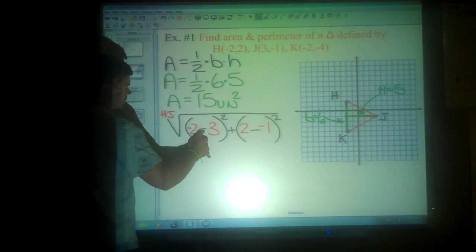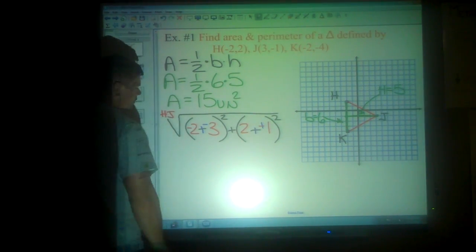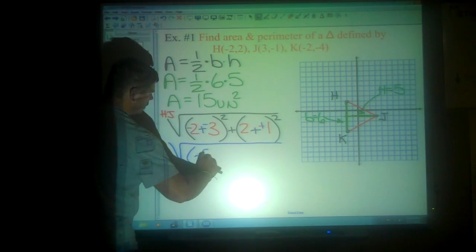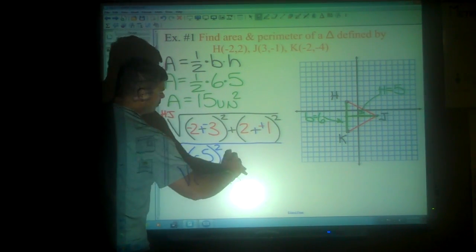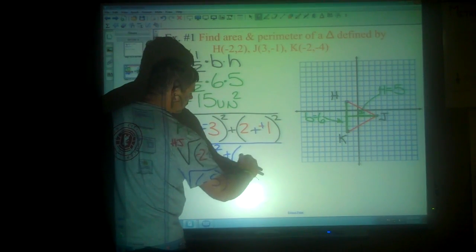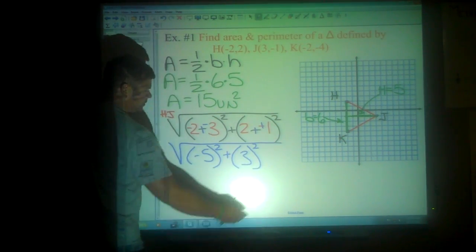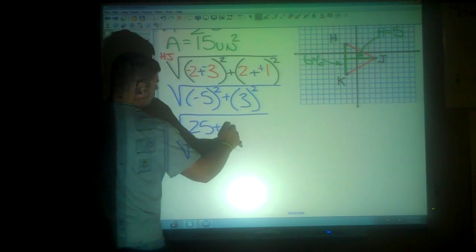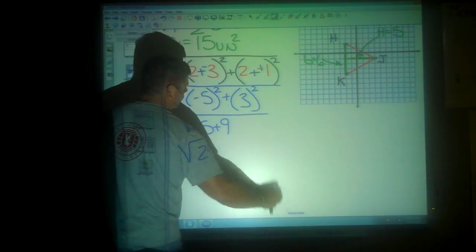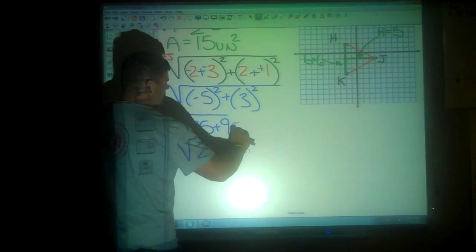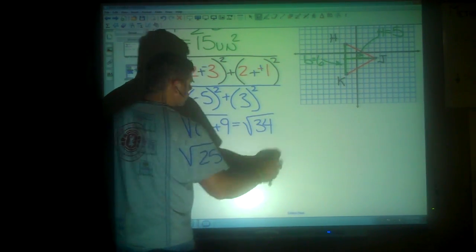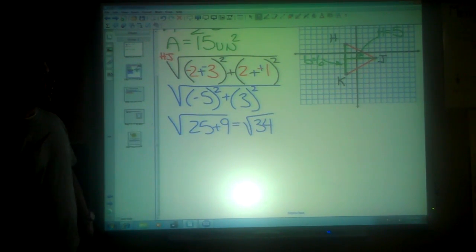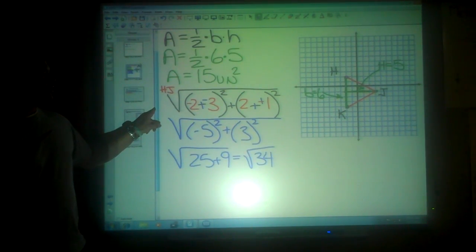Now watch my signs, plus negative, plus positive, and I end up with -5 squared plus 3 squared, which becomes 25 plus 9, or the square root of 34. So that's the exact value of the length from h to j.